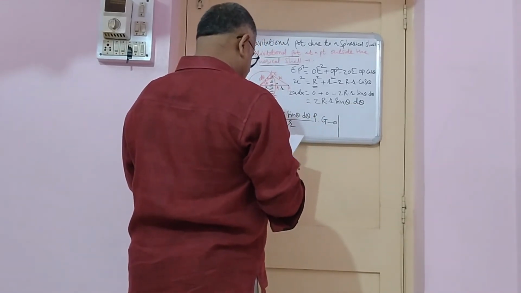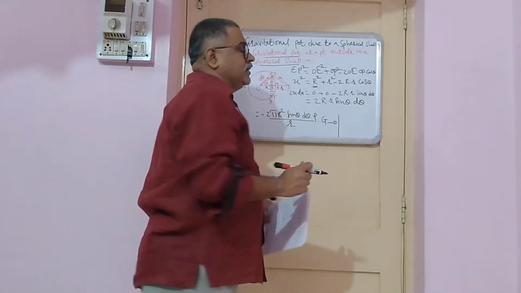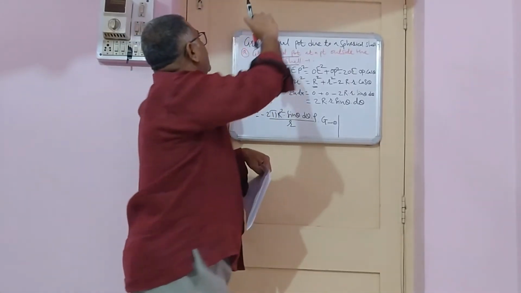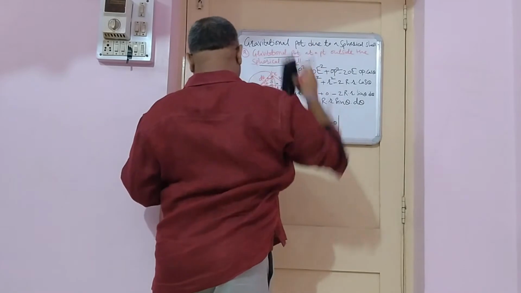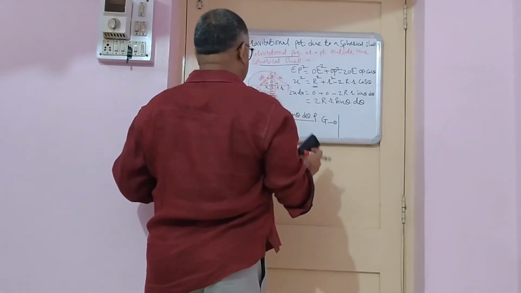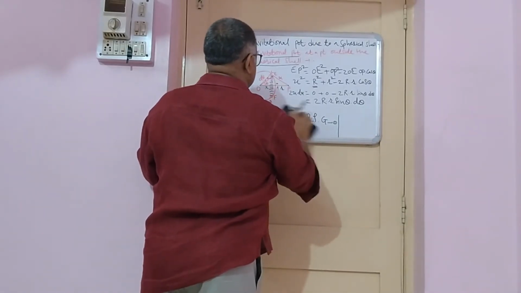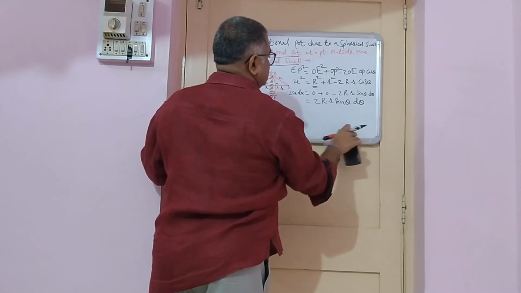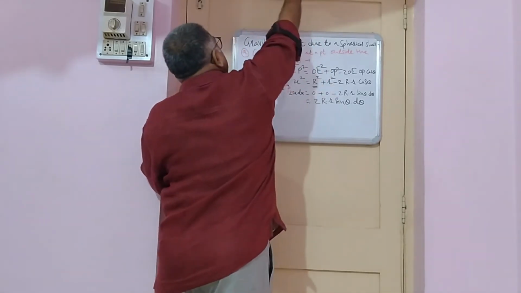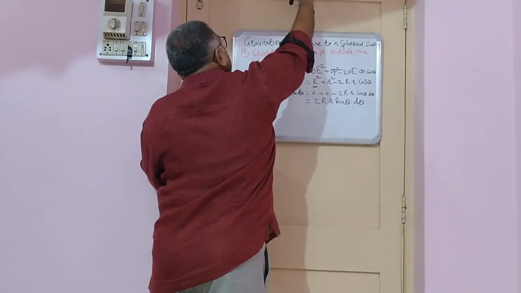See now, here small r and capital R being constant, and now next we have to make the arrangement in this way.